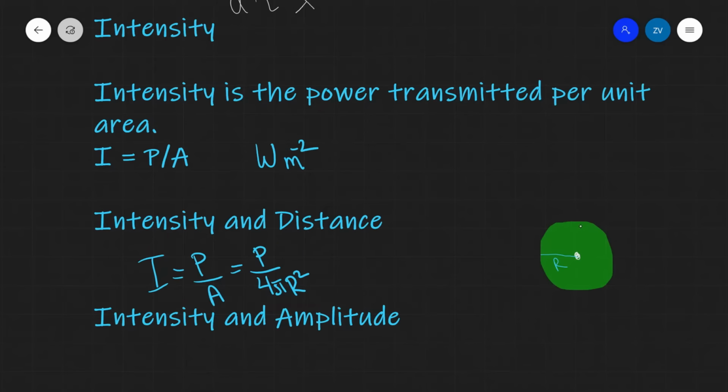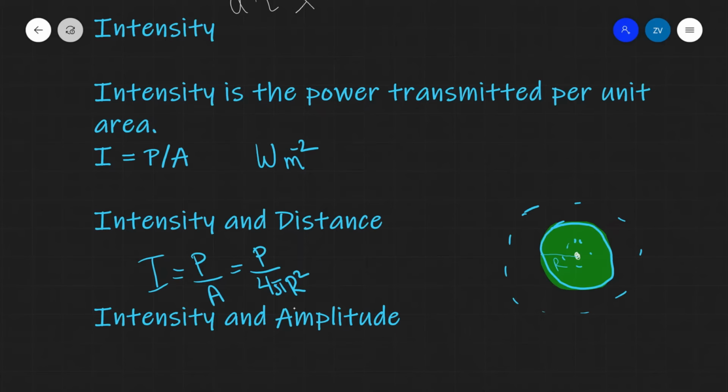In other words, anywhere around the surface area of this sphere, the intensity will be the same. If I was to go a little bit further, the intensity is going to be lower. If I was to go in a little bit closer, the intensity will be higher. So this will allow us to calculate, for instance, the power that's been transmitted from a source of intensity I at a distance r.